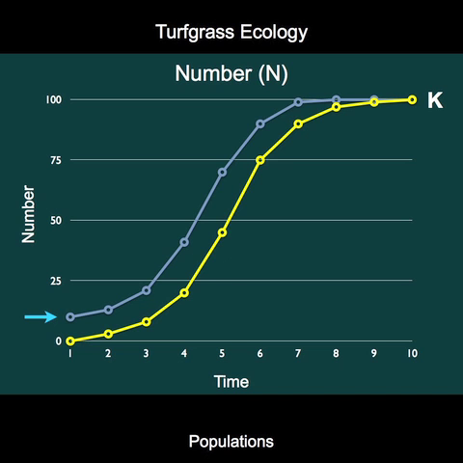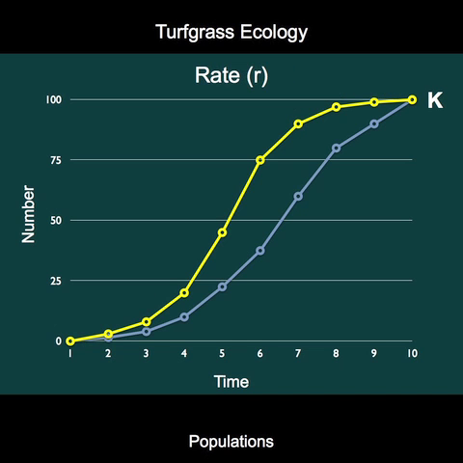In this example, when conditions become favorable for pathogen infection, the onset of disease will occur much quicker at the higher number. Similar situation with rate. The rate of increase is slower with the blue line because the curve is flatter and not as steep in the area where the rate of increase is the greatest. It will take the pathogen longer to build up to a population that causes disease.